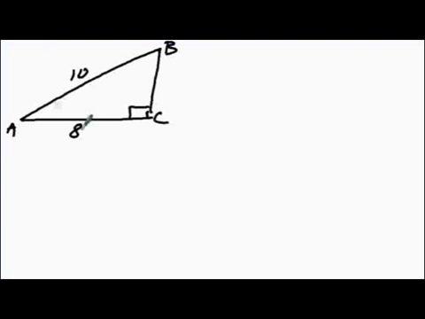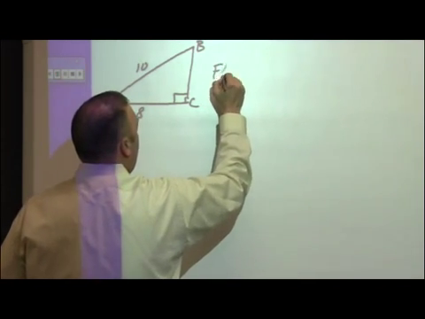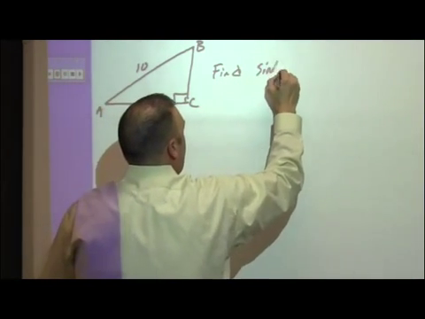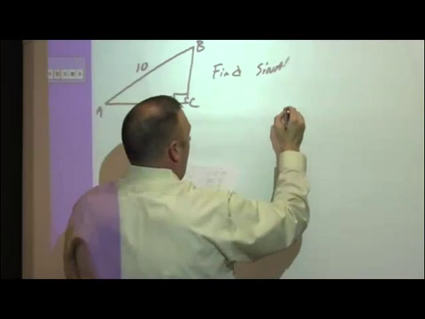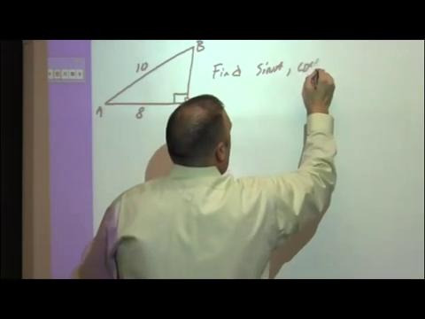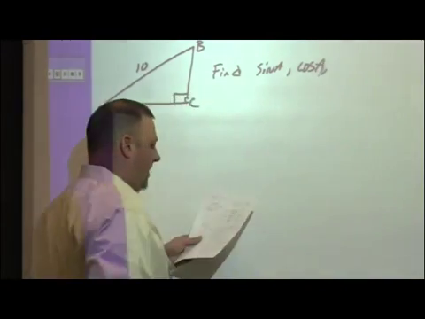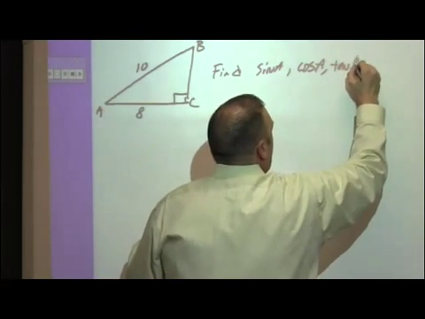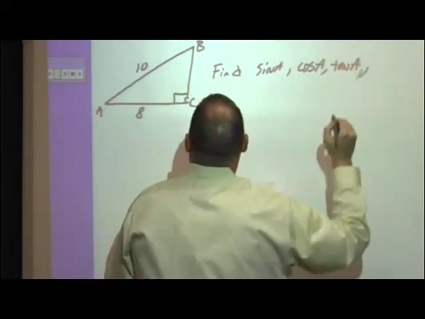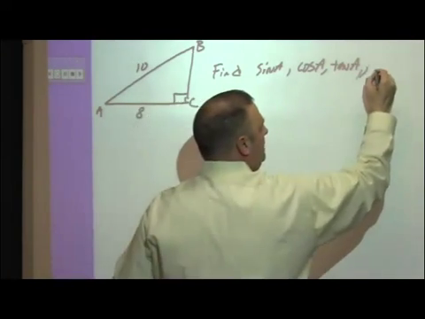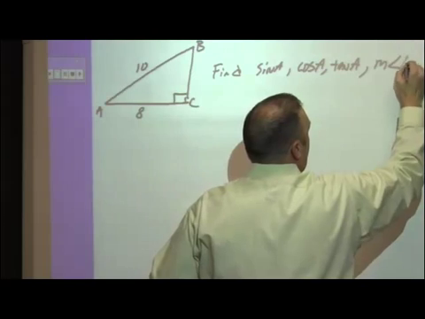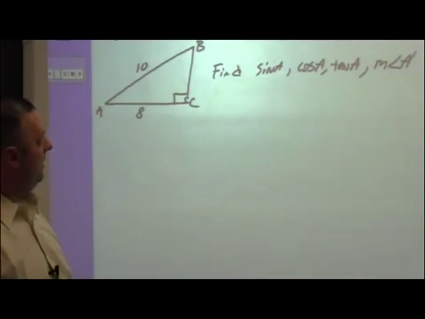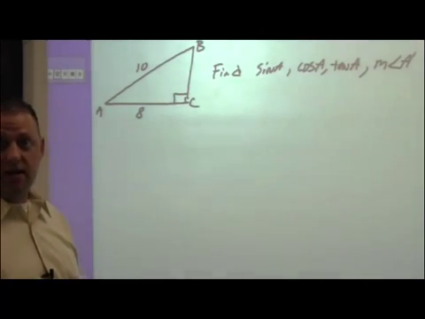And you're asked to find sine of A, cosine of A, tangent of A, and let's even go for the measure of angle A. Now, they probably won't ask you to do all this in one problem, but I want to cover as many possible situations as you can encounter on the ACT.